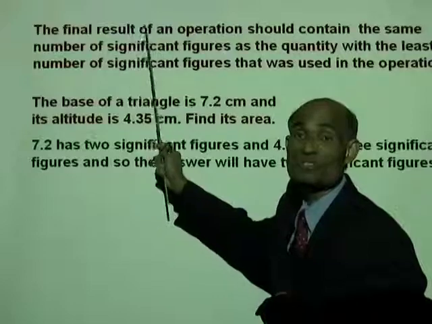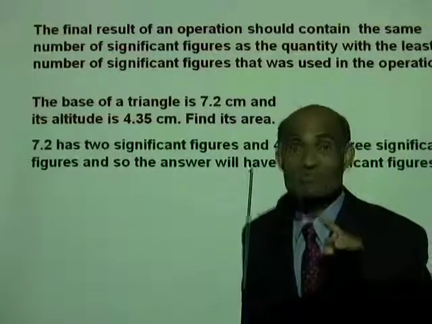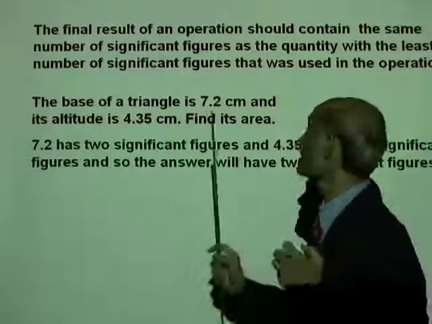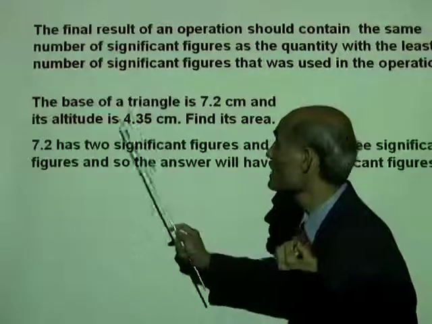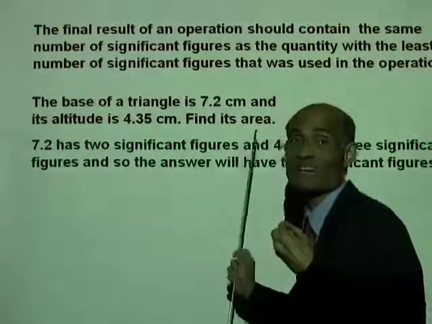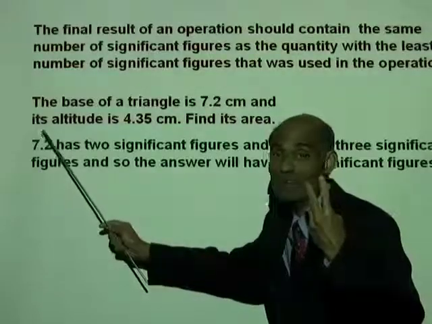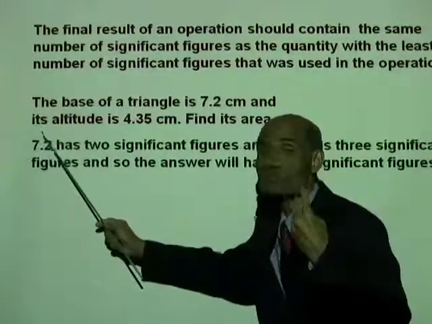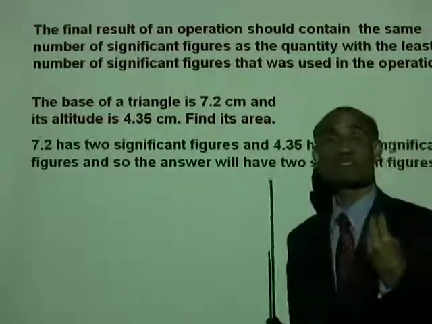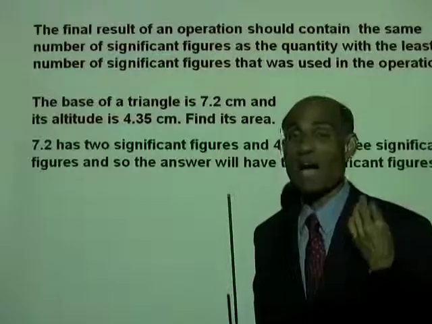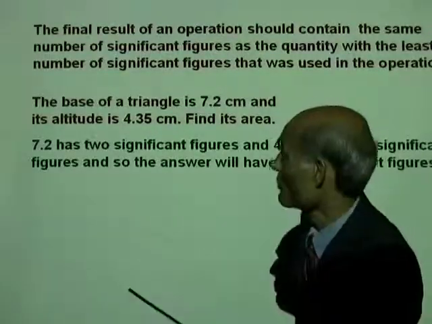The final result of an operation should contain the same number of significant figures as the quantity with the least number of significant figures that were used in the calculation. So we are using 2 numbers for our calculation. One has 2 significant figures, the other has 3 significant figures. Therefore, our answer must have 2 significant figures.